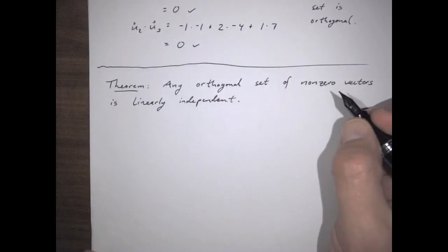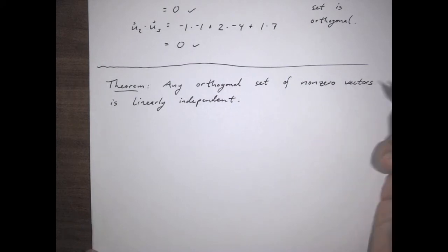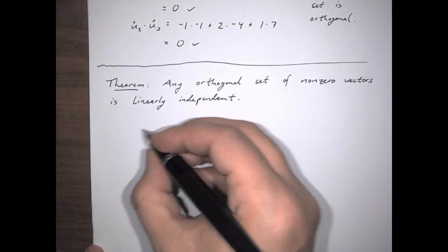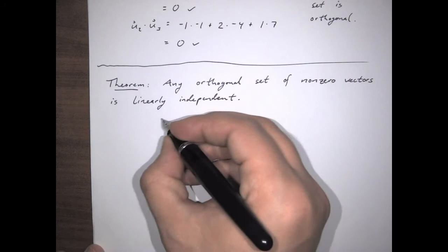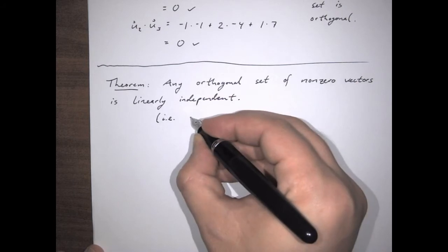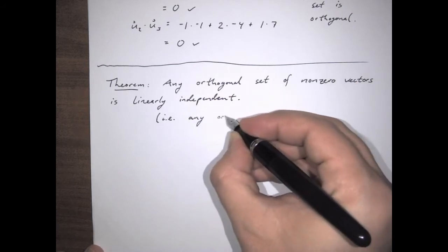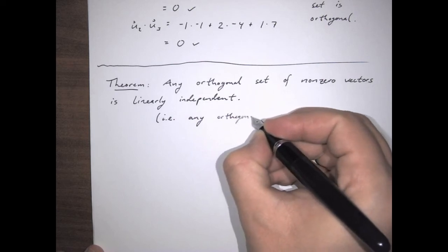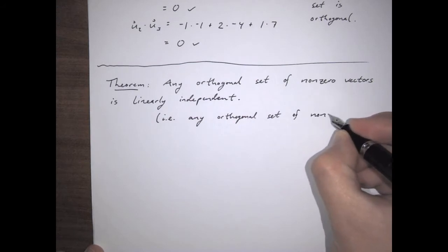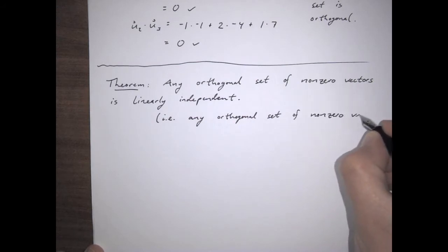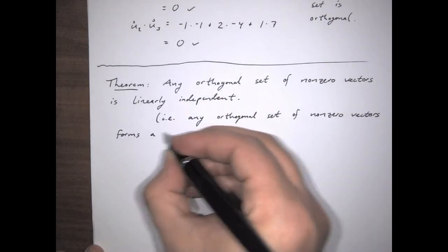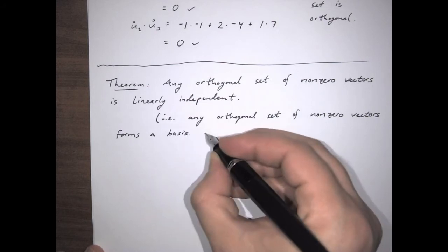In other words, if we have such a set, it forms a basis for a subspace. So this means that any orthogonal set of non-zero vectors forms a basis for a subspace.